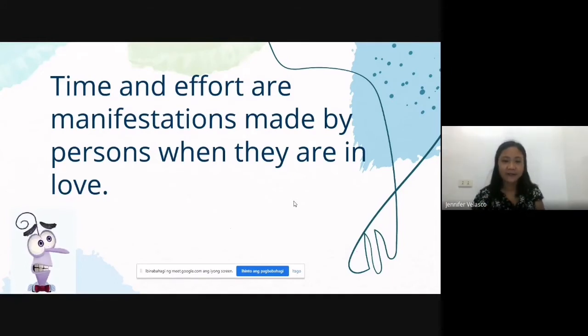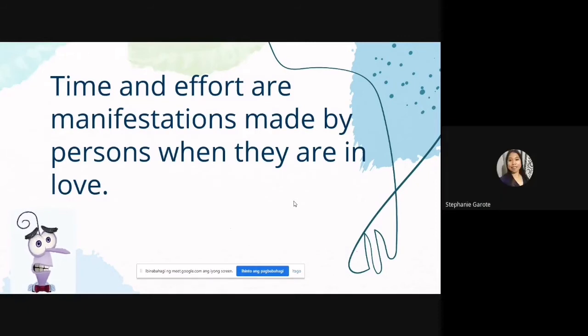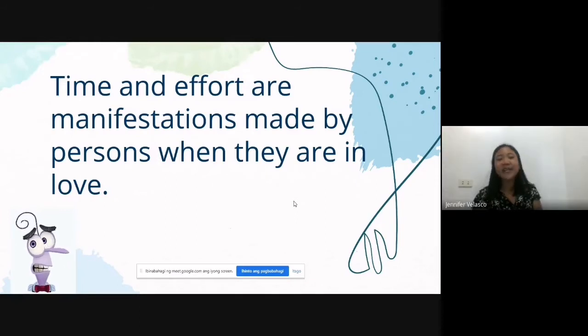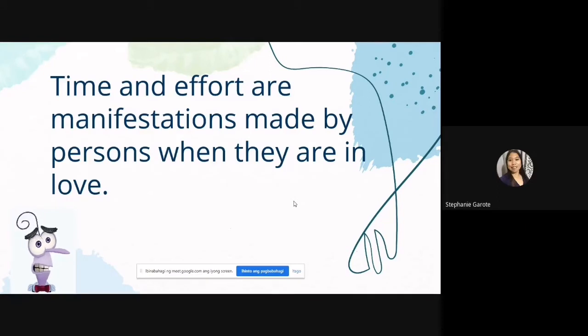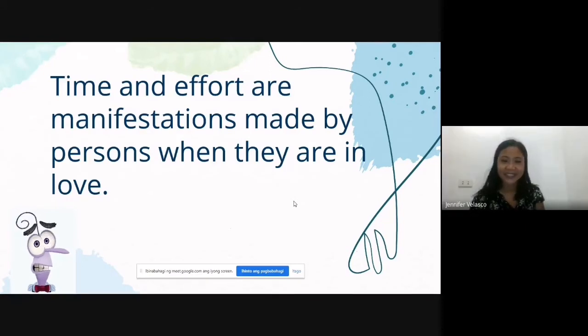What is the class here or the verb? Stephanie? Ma'am, the class is manifestations made. Okay, are you sure? Do you include made or remove it? Remove it, ma'am. Okay, manifestations.